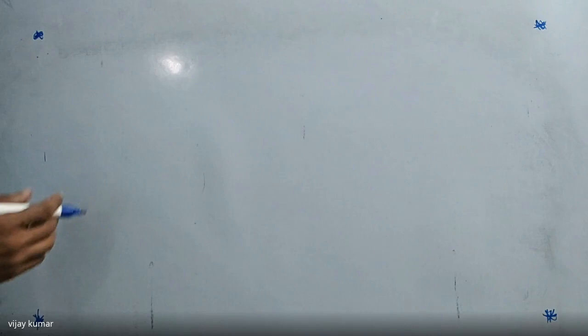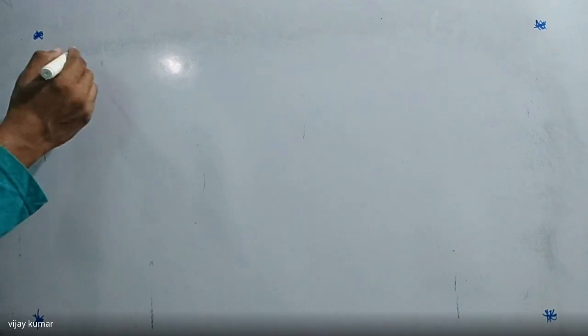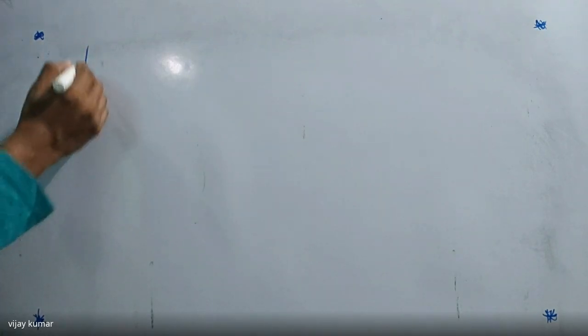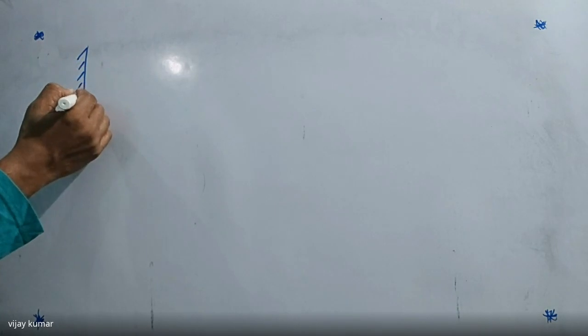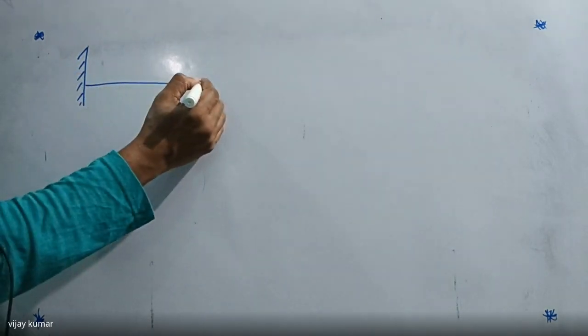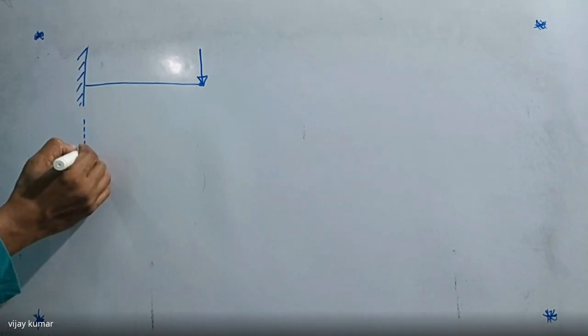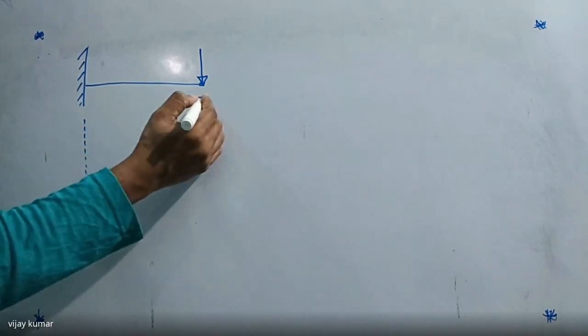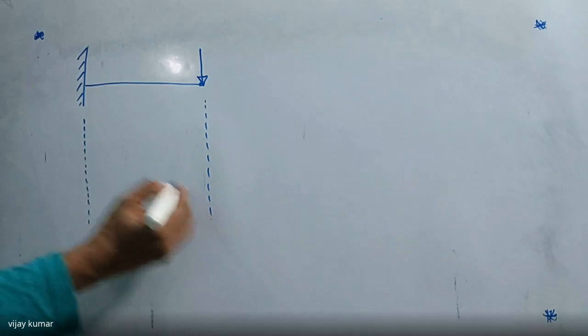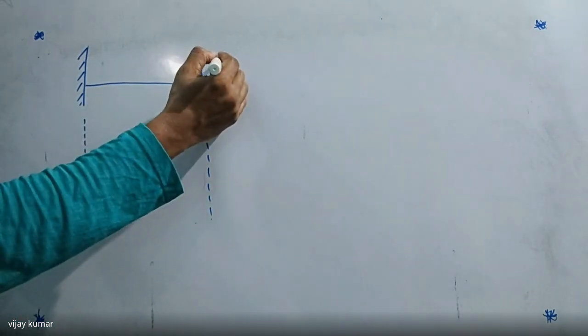So today I'm going to give the third case. Two cases are over. The first one is the cantilever beam which is subject to a point load at its free end. So we are having the shear force and bending moment diagrams like this. See this one. This is the load, that is equal to W.